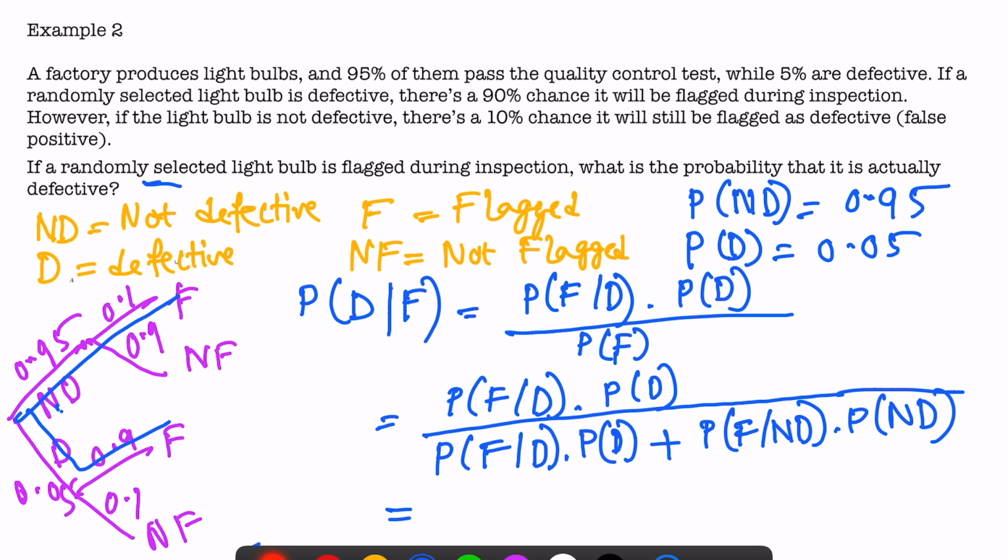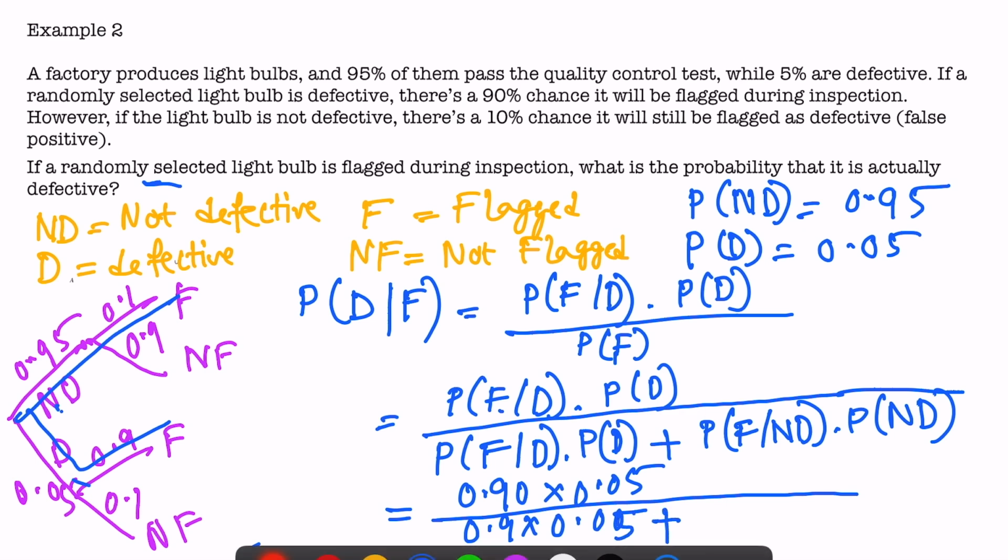So this comes around 0.9. Probability of flagged given defective is 0.9 multiplied by probability of defective, which is 0.05, divided by probability of flagged given defective, 0.9, multiplied by 0.05, plus probability of flagged given not defective, this one, that is 0.1, multiplied by 0.95.